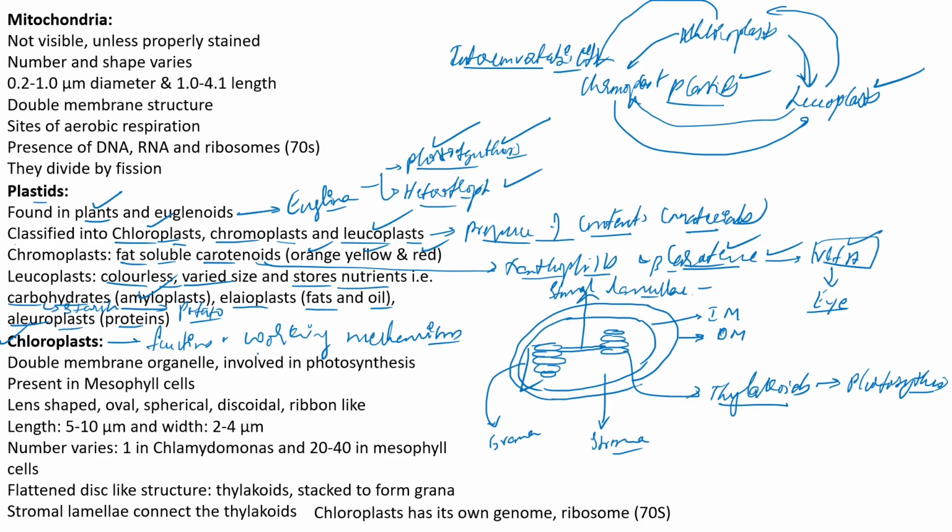So now let us look into the important points of the chloroplast. It's a double membrane structure, which is why we have drawn it in that particular way. It is a double membrane organelle and it is involved in photosynthesis, unlike the mitochondria, which is involved in synthesis of ATP. Though chloroplast and mitochondria are both double membrane structures, you can see in the diagram that the inner membrane of the chloroplast is not thrown into foldings.